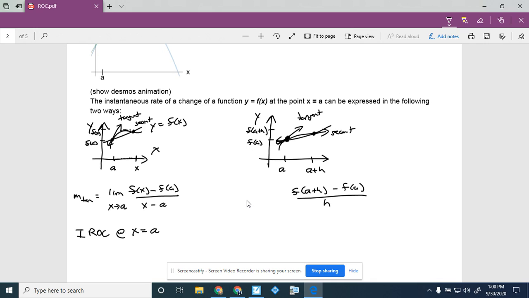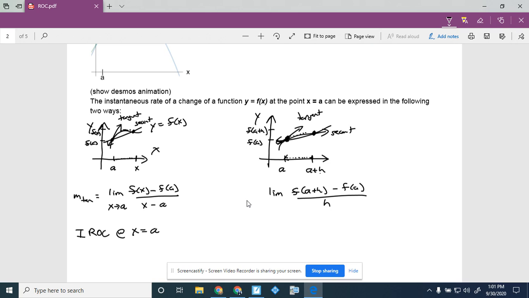So now what do I need to do? I need to bring a plus h closer to a. So this point has to get closer to that point so that my secant line occupies that limiting position of the tangent line. So now I don't write as a plus h goes to a, like what I did here. I do it by just simply saying the limit as, maybe you can figure it out.